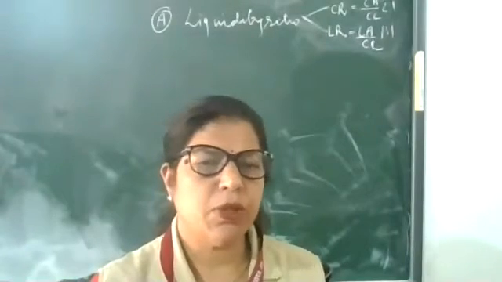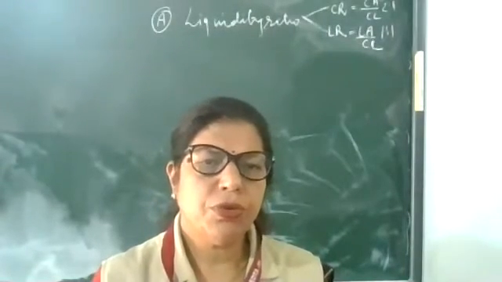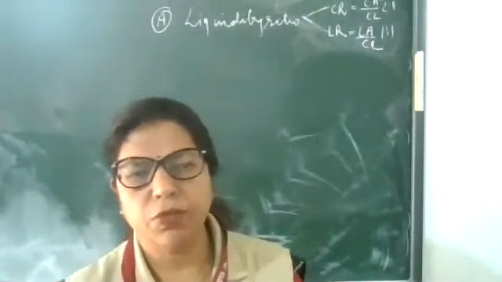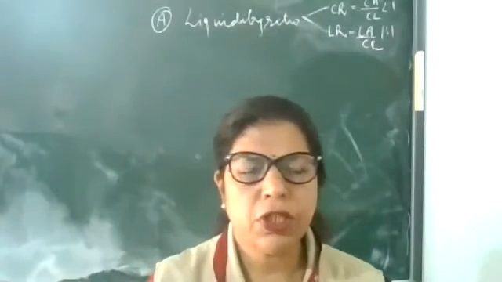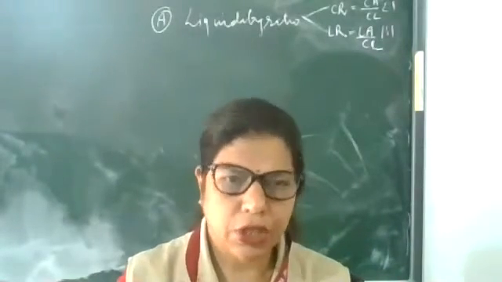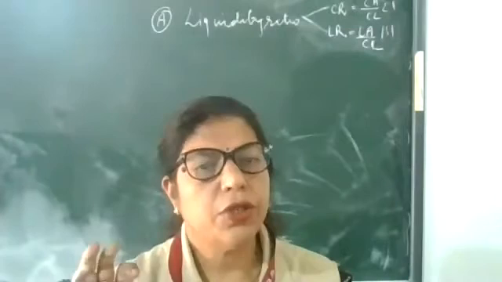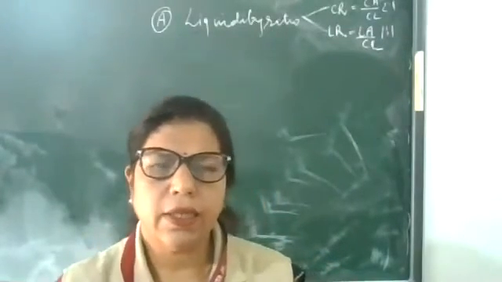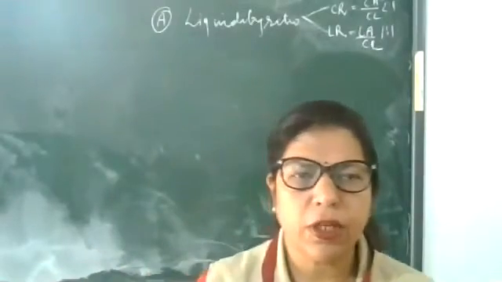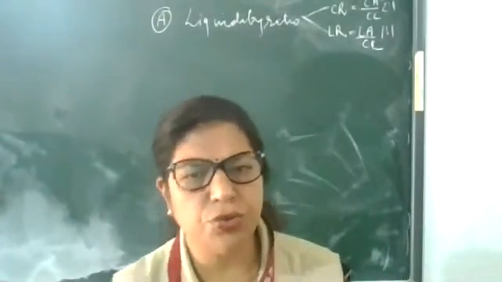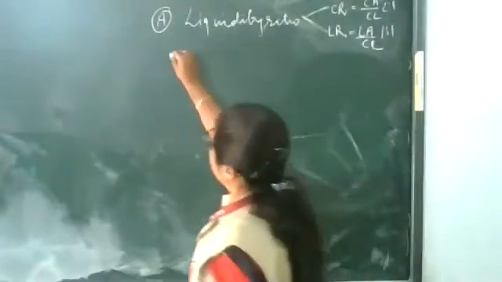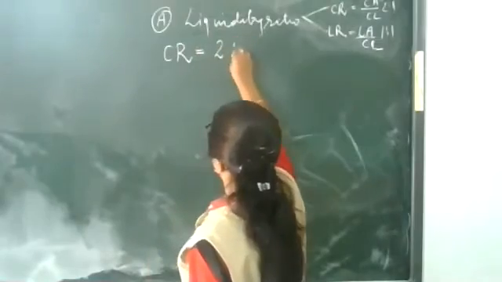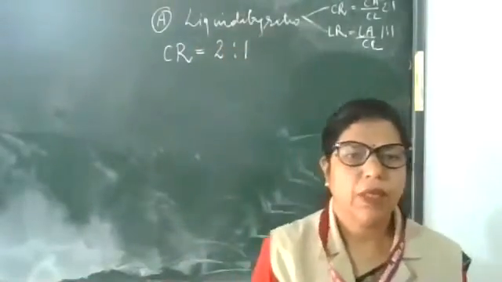Now, after the formula, we are going to calculate different terms. I am giving you one example through which the current ratio will change or not change. The current ratio of an organization is 2:1.